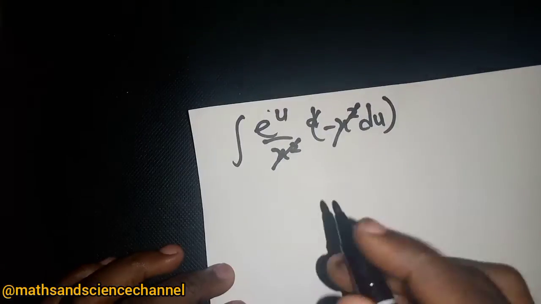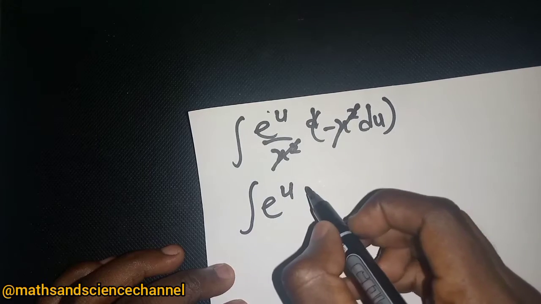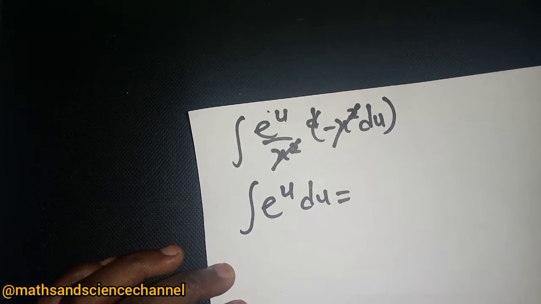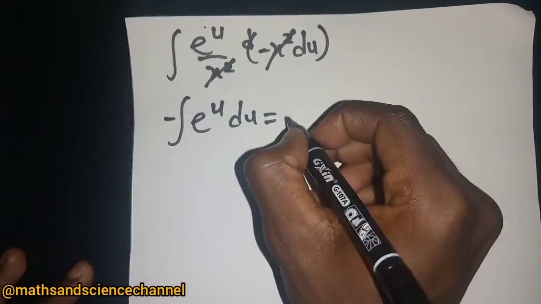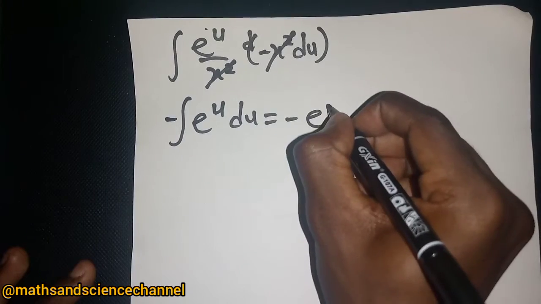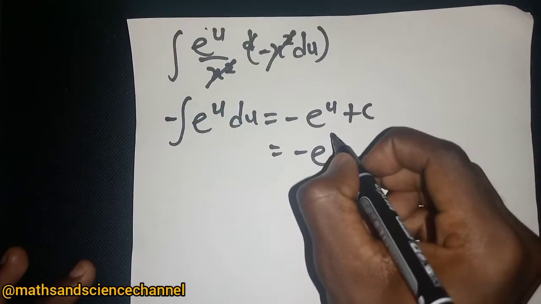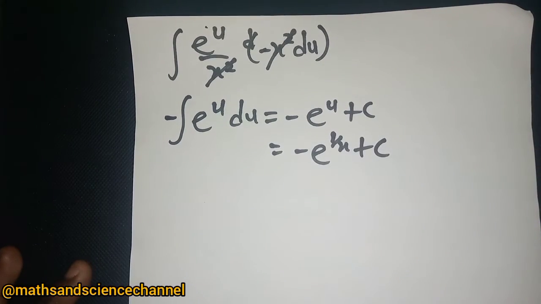So when x squared cancels x squared out, we have e to the u, and there's a negative here, so we have negative e to the u plus c. Remember we said let u be 1 over x, so we have that for the general one.